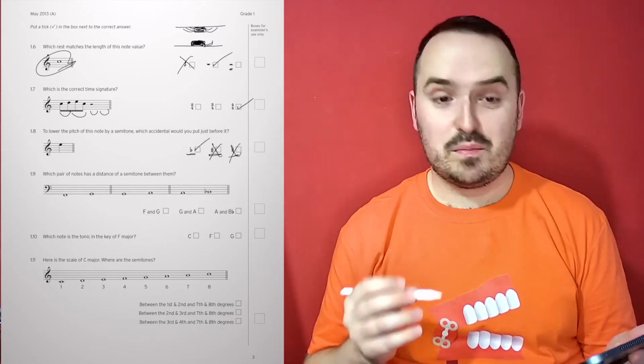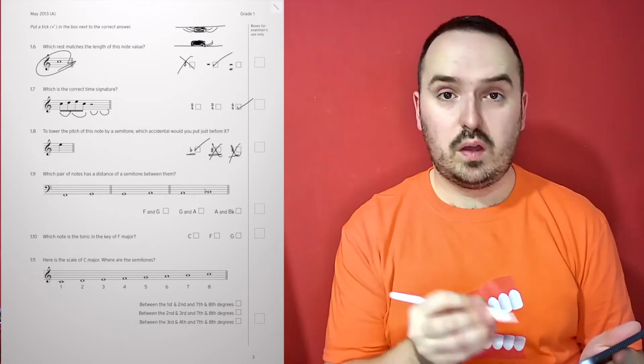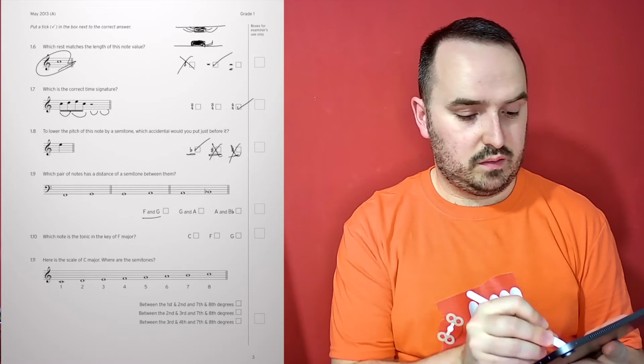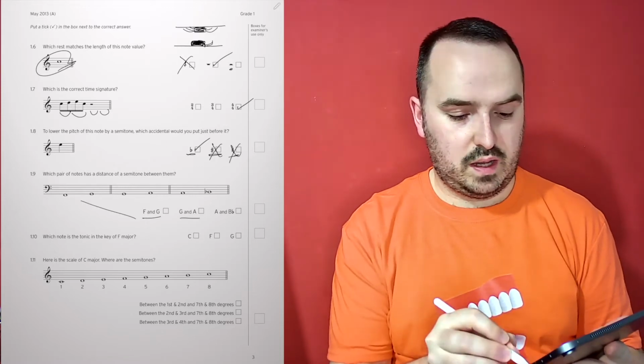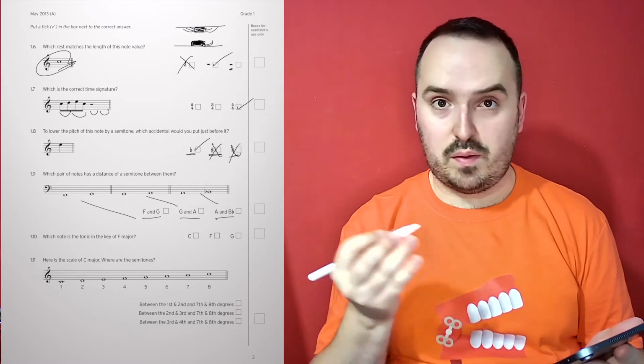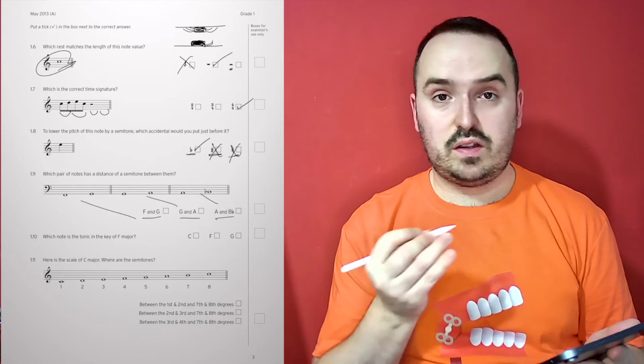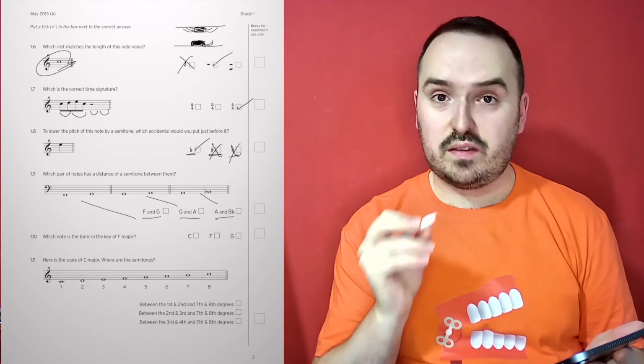Great. Question number 9. Which pair of notes has a distance of a semitone between them? Okay, so F and G matches the first pair, G and A matches the second pair, and A and B flat matches the third pair. So we don't need to worry about working out what those notes are, we can just see what they are here. F and G, we just need to know if there's a note in between them or if that's a semitone difference.